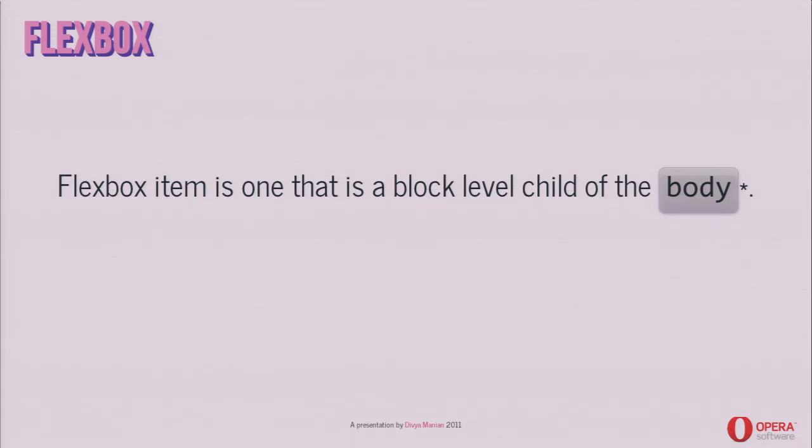A Flexbox item needs to be a block level child of that particular parent selector. In this case, it was the body. But there are other items that can be a Flexbox item, and it's in the spec. And there's a whole algorithm that I've not managed to read through. If you want to, you can, about how Flexbox works in detail.